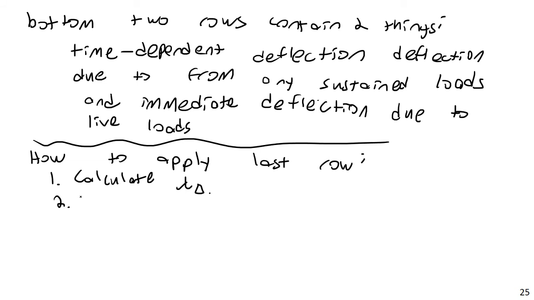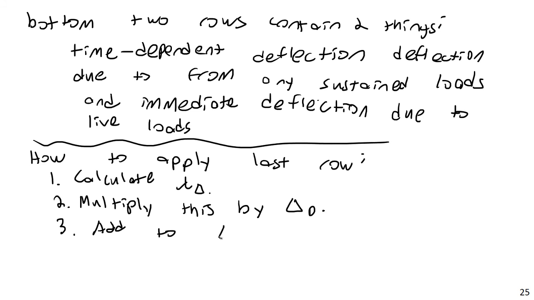Two, multiply this by effectively your dead deflection, because that's the only one that's really going to increase long term, because that's the only sustained load that's really present, and then add this to your live load deflection.